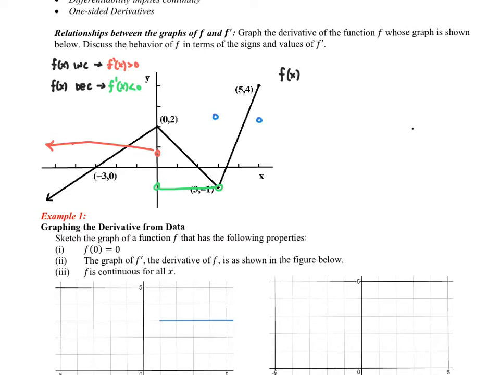So on this interval, the derivative function looks like that. So again, f of x is increasing, therefore its output is greater than 0.